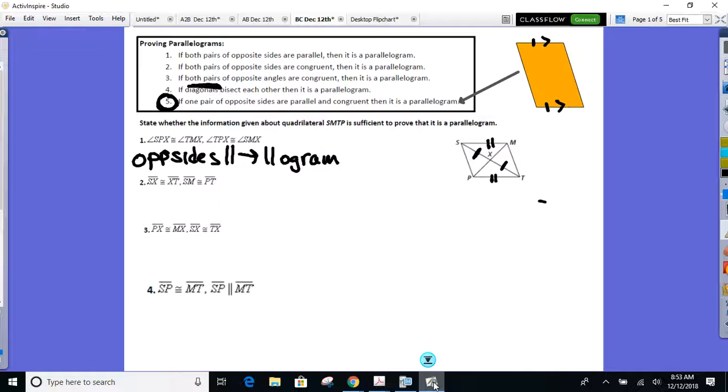What did I give you? How many sides are congruent? One pair of sides, that's not going to cut it because I need both pairs. How many diagonals are getting bisected? One, I need both pairs though. So nothing. Everyone agree? I can't do anything in this case. So this is a big no. No parallelogram. Everyone see why? There's just not enough information.